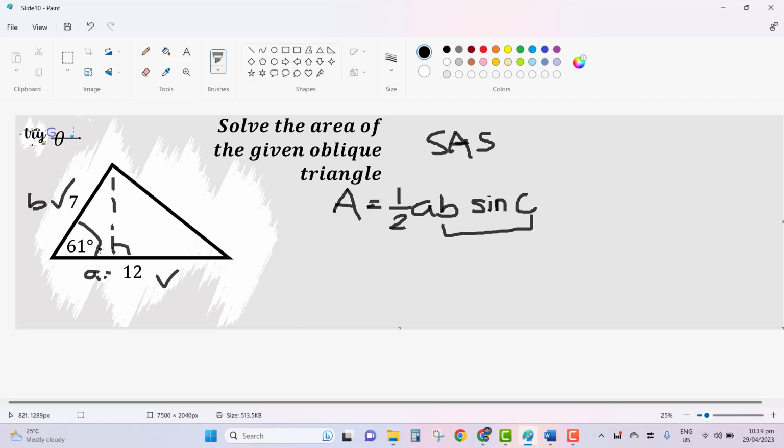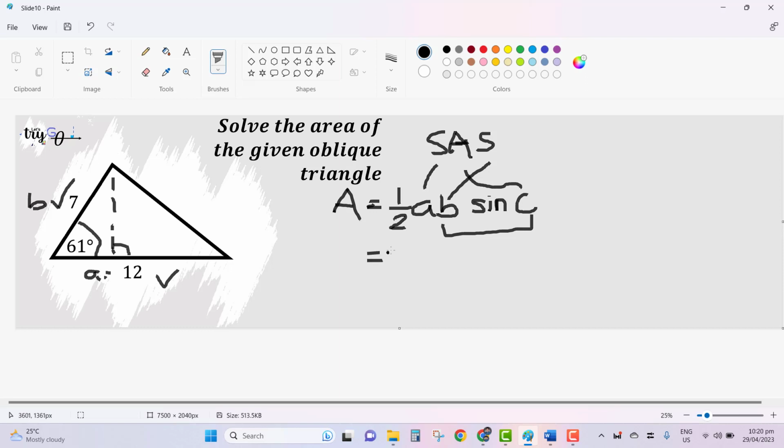Using the trigonometric ratio sine, it's just the ratio of the opposite, which is your height, and the hypotenuse, hence this formula.